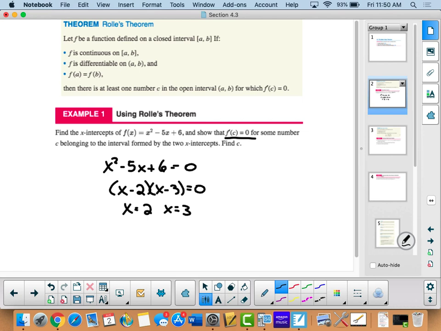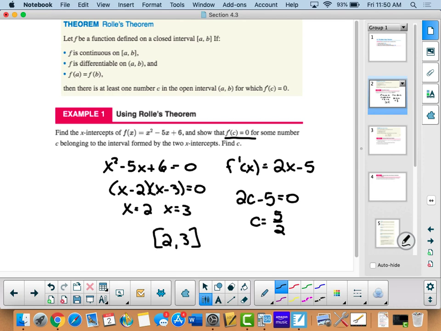So we can find c by finding the derivative of f of x, and that's 2x minus 5. We're going to make that c and set that equal to 0. c is 5/2, and we can see that that definitely is between 2 and 3.